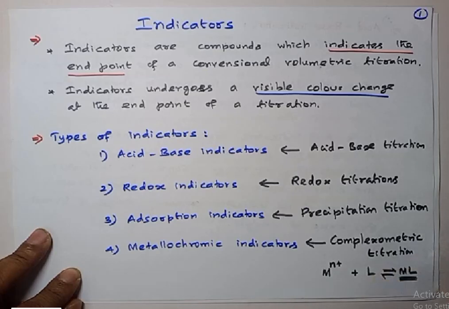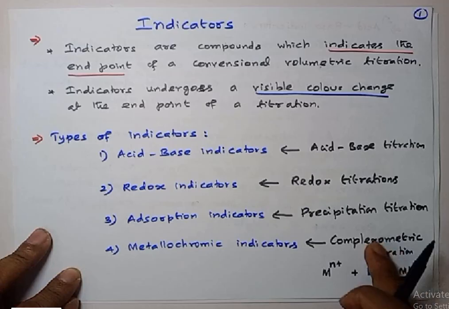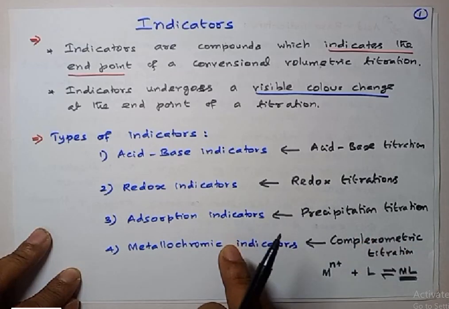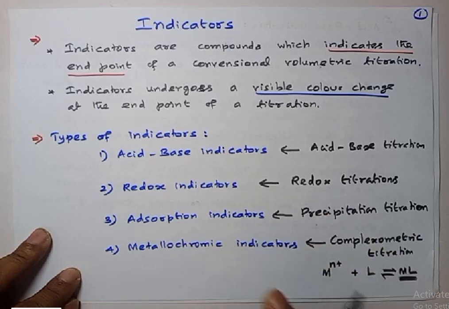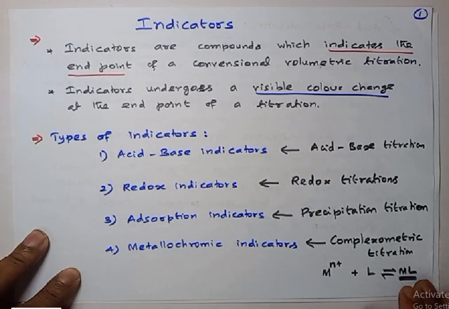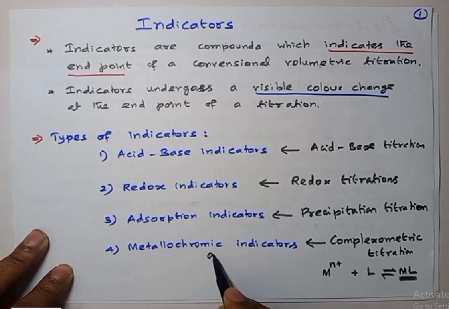This titration is what we call complexometric titration. The indicators used in complexometric titrations are called metallochromic indicators, also called metal ion indicators.